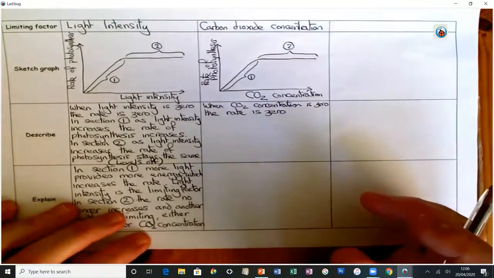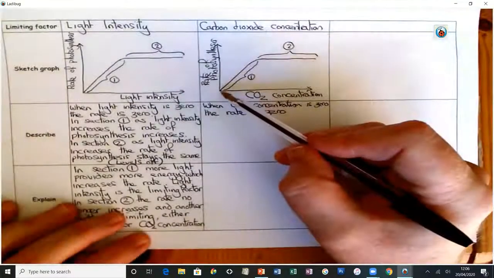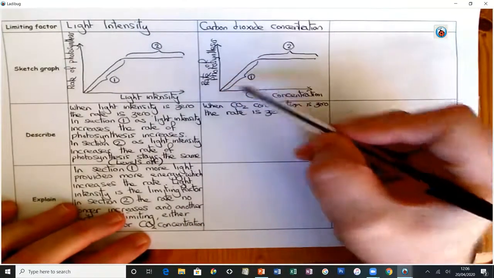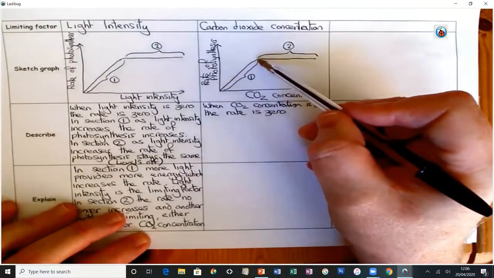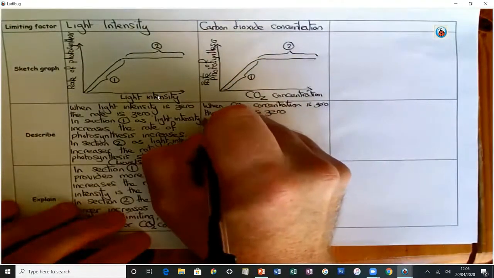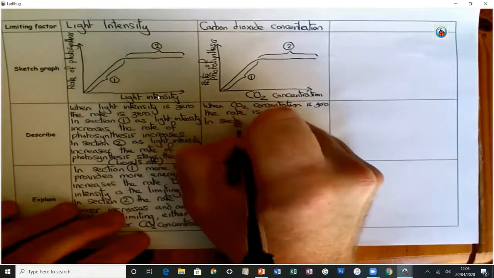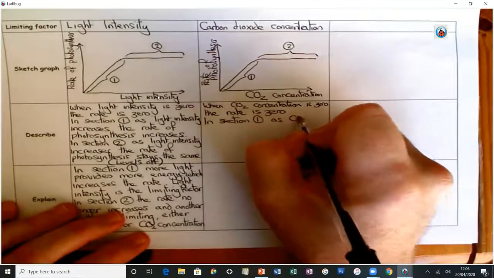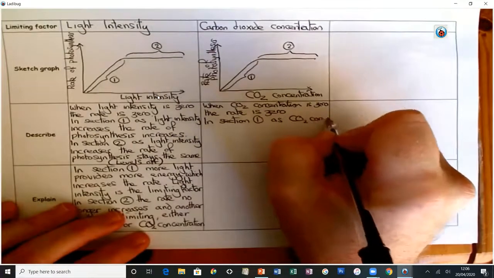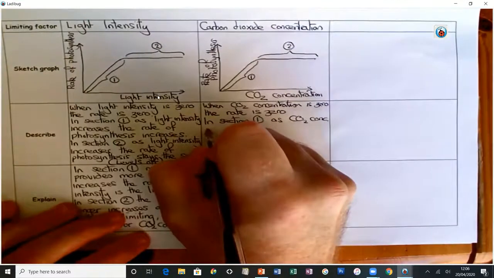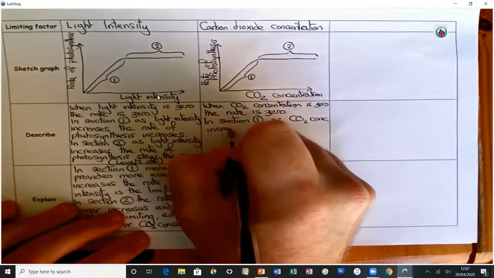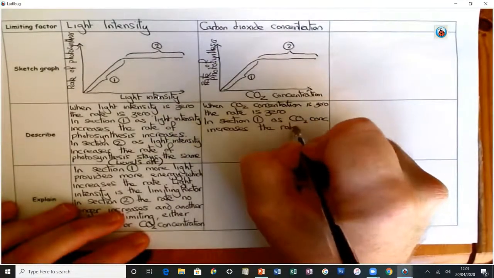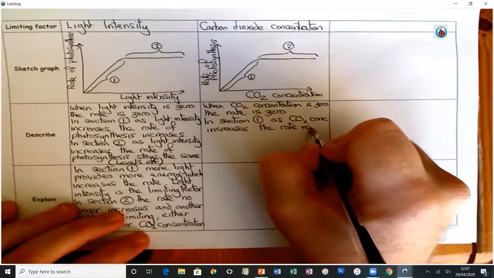So in section 1, we can see that as the concentration of carbon dioxide increases, the rate of photosynthesis increases. So we'll write that down. In section 1, as carbon dioxide concentration increases, the rate of photosynthesis increases.